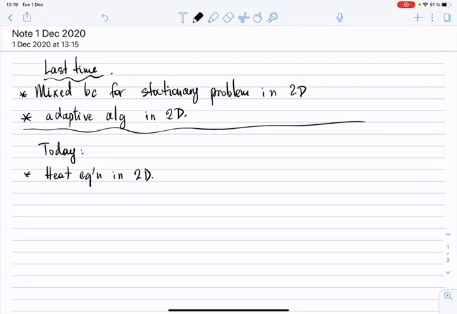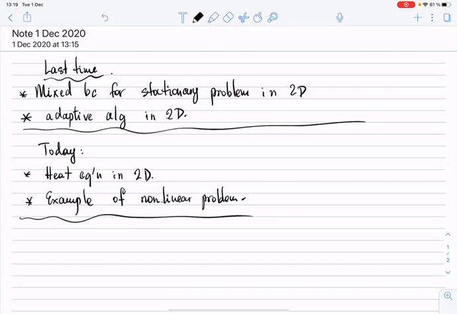And so what we do: variational formulation as usual, finite element approximation, and when we have time, we solve some example of nonlinear problem. So this is going to be the plan for today.